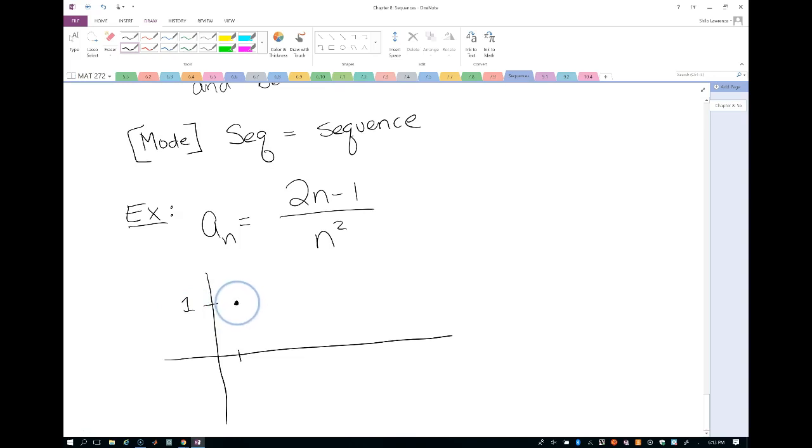And don't expect to see a graph when you do this on your calculator. A sequence is not a graph. A sequence is just a series of specific values. And it would not make sense for us to connect them because the next value I'm allowed to plug in is 2. So there's going to be a big gap. We're not allowed to plug in the decimals and fractions in between, which means we can't connect the points.